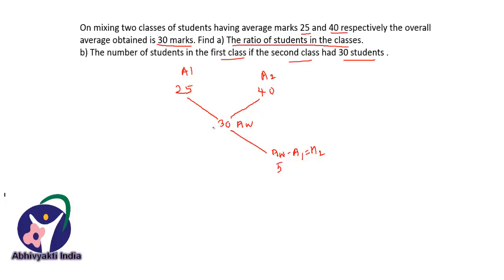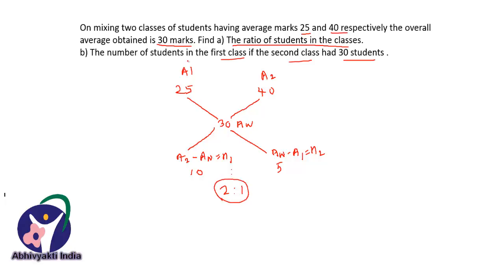And here to the other side we do A2 minus AW, and that we denote by N1, so it will be 40 minus 30, so N1 will be 10, and so the ratio N1 is to N2 is 10 is to 5, and 10 is to 5 is nothing but 2 is to 1, and therefore the required ratio of students in the classes is 2 is to 1.